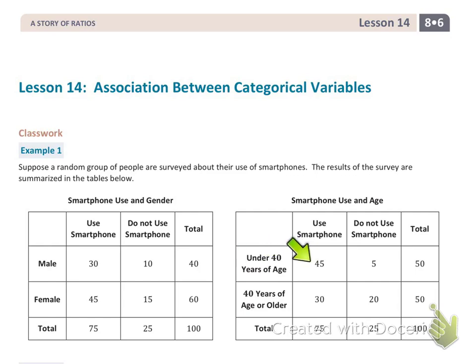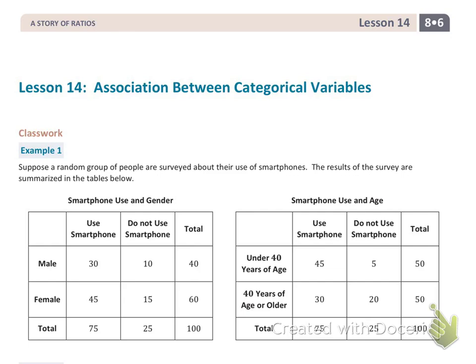So I would say, yeah, I totally expect that 20-year-old to be a smartphone user. That's kind of what these examples are going to be in this lesson.